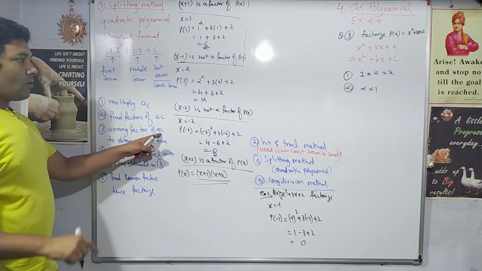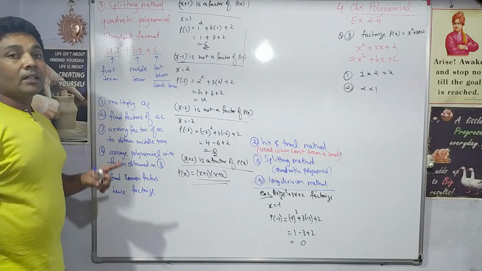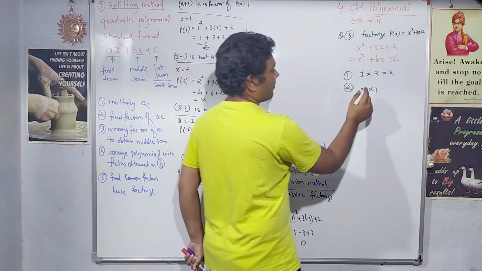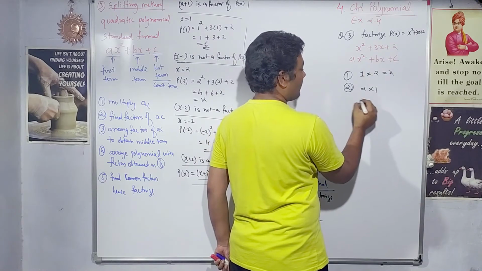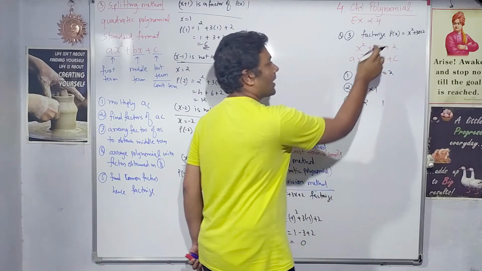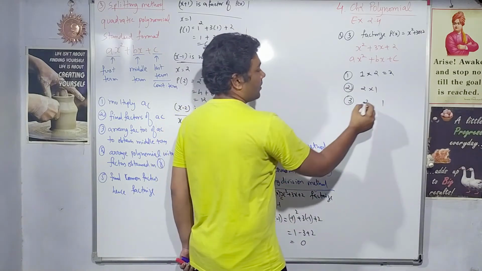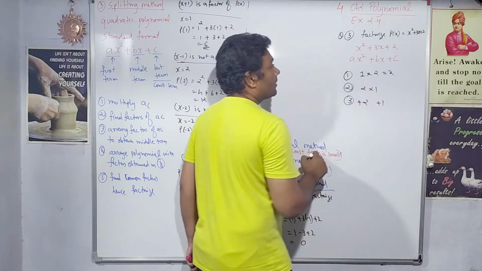Arrange the factors of AC to obtain the middle term. So now these two must be arranged to obtain the middle term. How will you arrange 2 and 1 to get 3? Simple, 2 plus 1 will be 3.